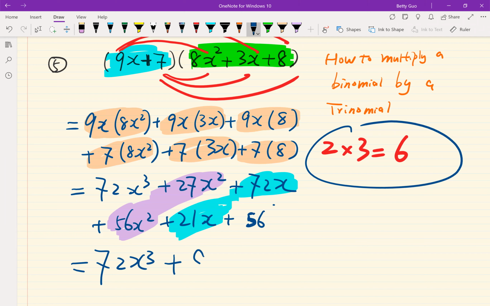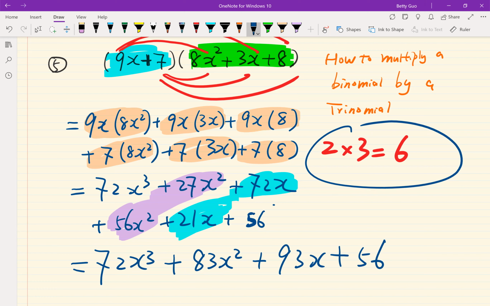Calculator. 83, right, Lauren? Yeah, for the purple, 27 plus 56 is 83x squared, right? Blue plus blue, 72 plus 21. What is it? Very good. And then we bring down the constant.